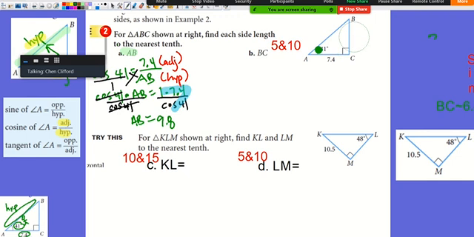Now, it's asking this time for BC. Again, 7.4 relating to the green dot is called adjacent. BC is considered opposite.